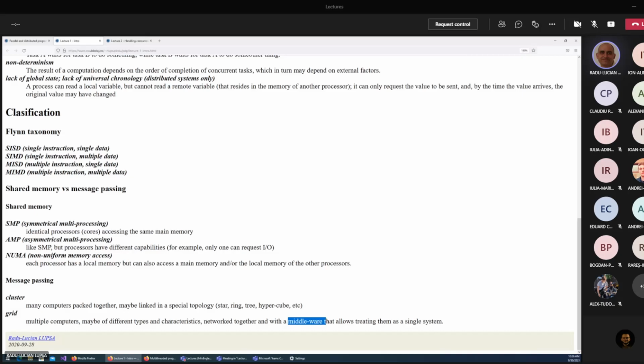Okay, so that would be the basics, an overview of what we are going to talk about and the terminology and so on. And this is put on the first page here.